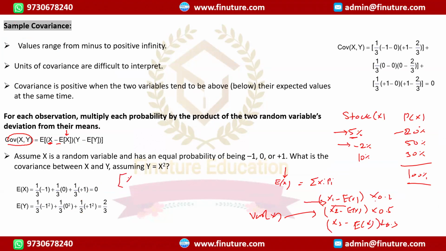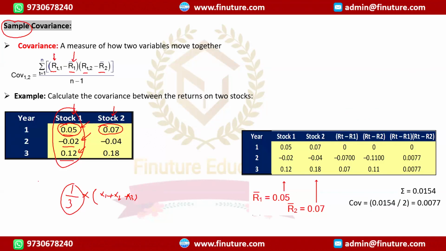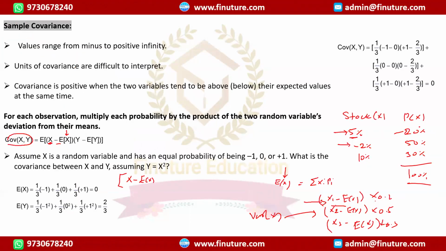In covariance, we multiplied the deviations of both variables. So here I'll multiply the deviation of x from the expected value of x, x minus expectation of x, with y minus expectation of y.